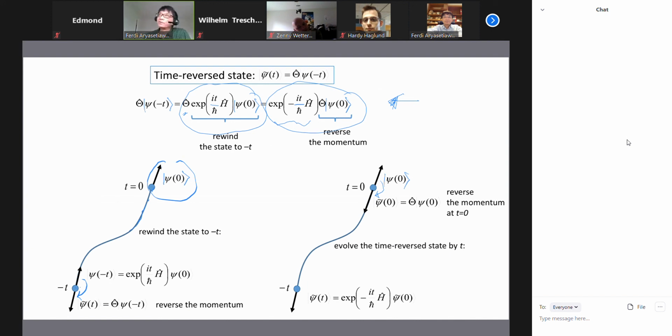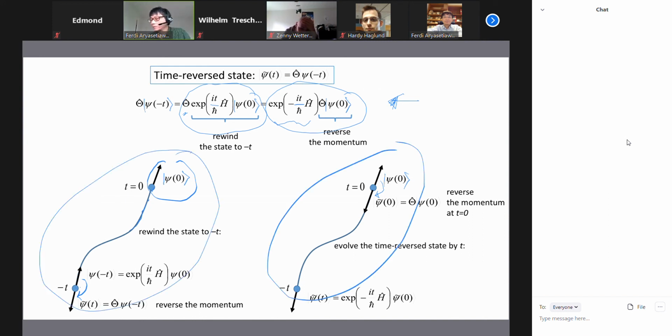So I prefer to do it that way because it becomes clear what is meant by the time reversal operator. It means that you reverse the momentum. And as a consequence of this, we have this result here, that this process is the same as that one.